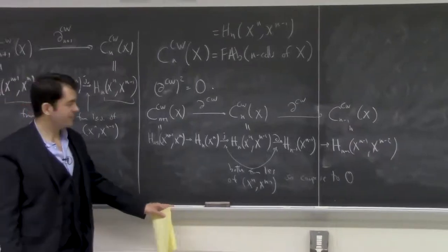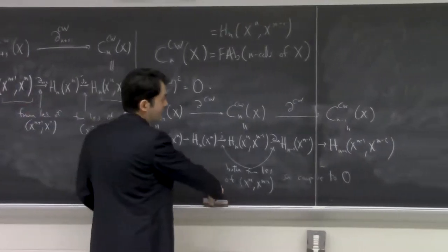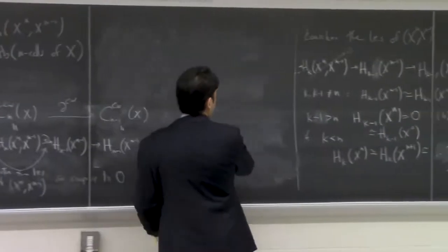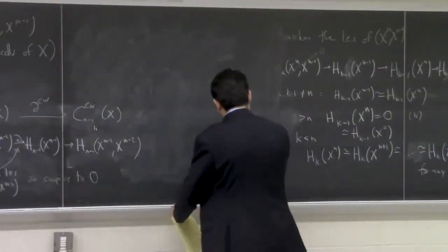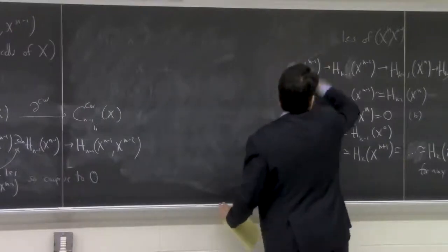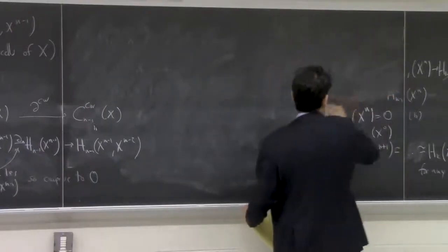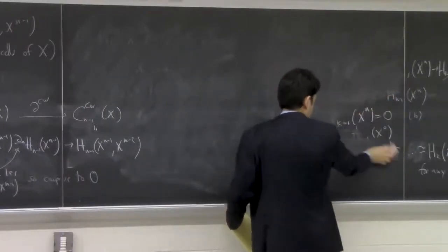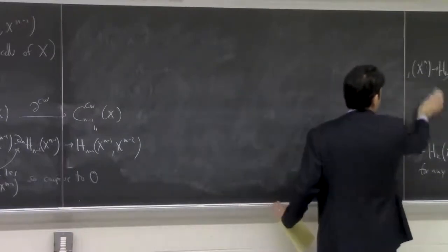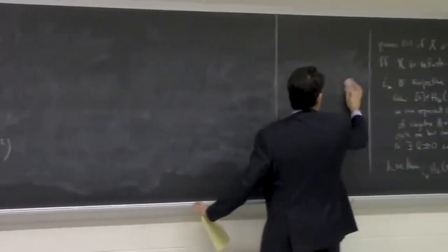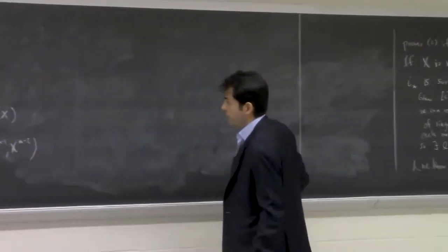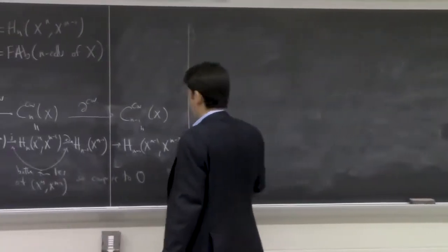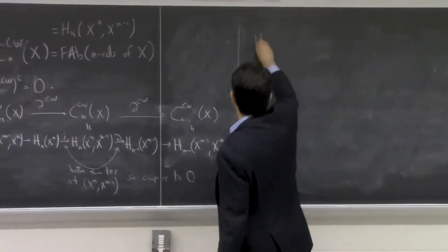Okay. Okay, so we wanted to do two things with this. We have a homology, so this squares to 0, so we have a homology.